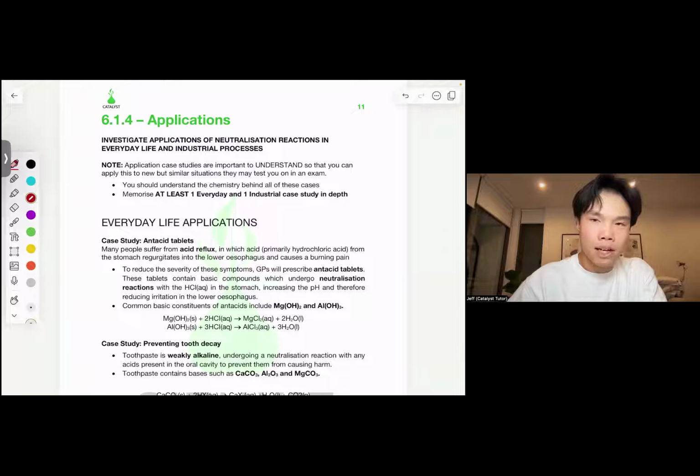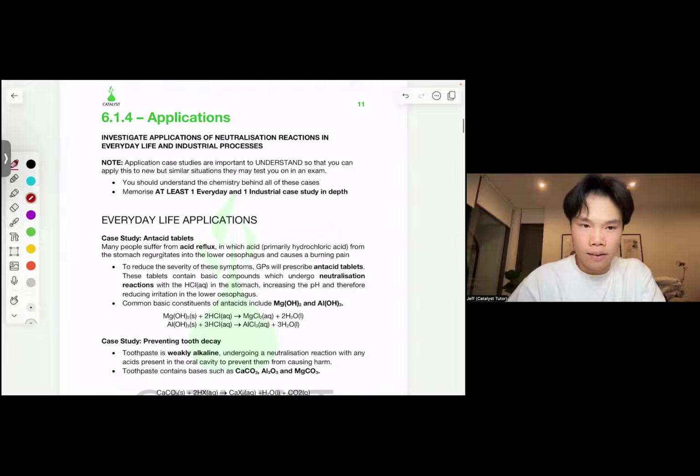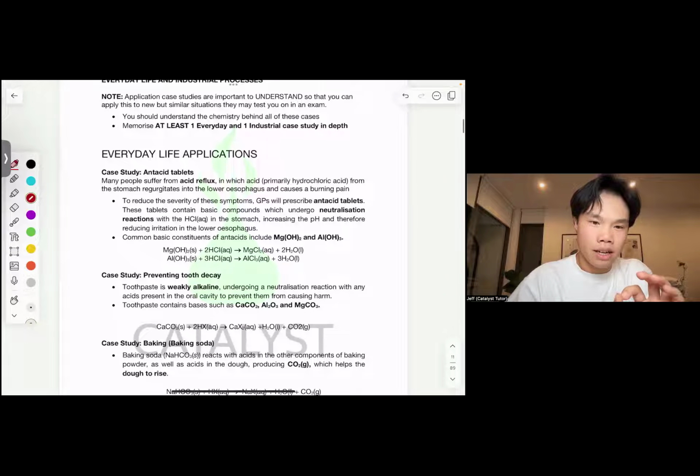And in exams, I've seen about 95% of exams ask about acid applications. So if you want to be really safe and you're gunning for a higher range, band 6 or anything like that, try to dig out a base application as well. But for the most part, just an acid one is fine. You can use either, to be honest. 95% are base. Sorry, I meant 95% are base.